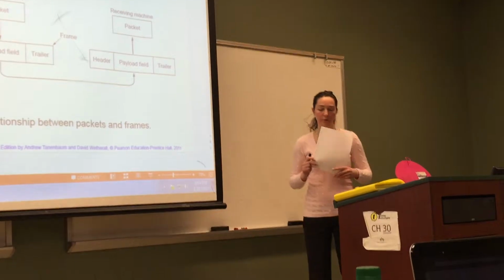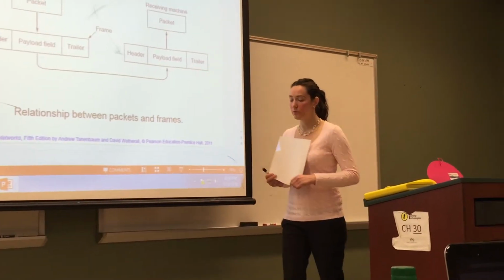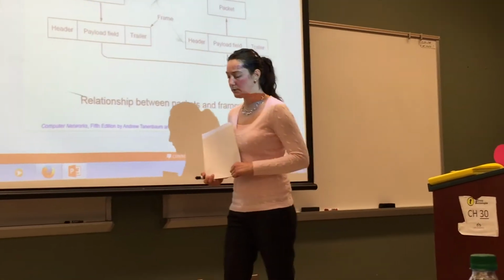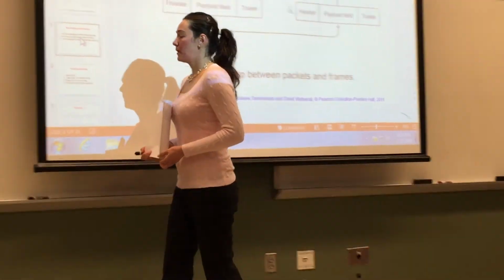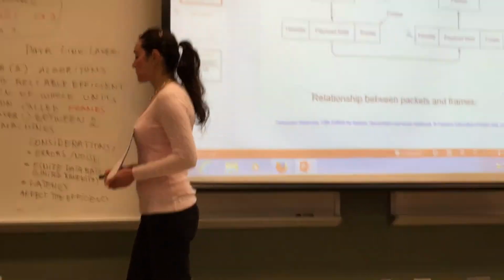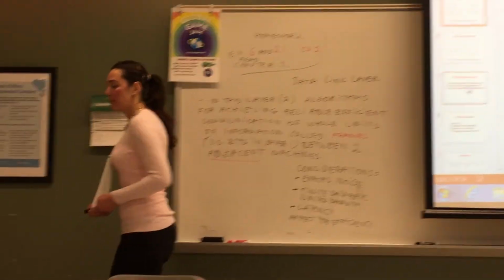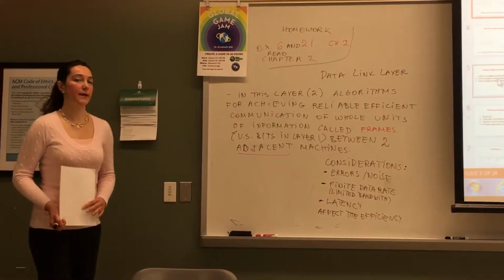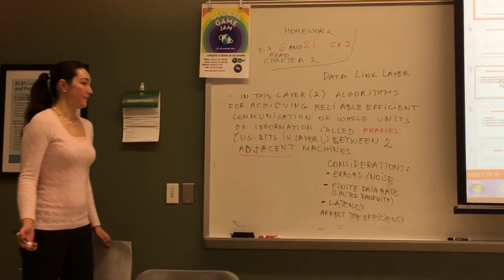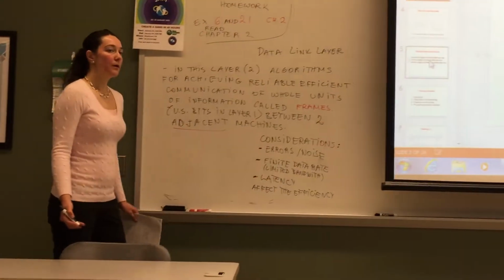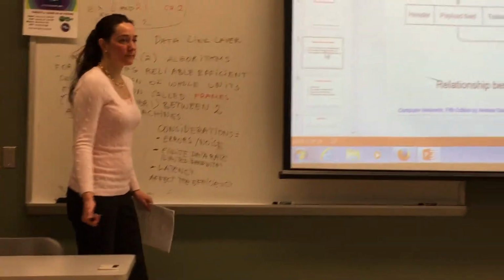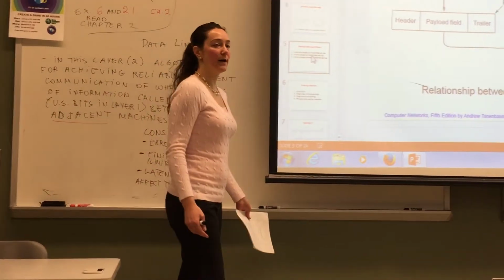Another problem that we will solve is called flow control, which has to do with fast senders swamping slow receivers with data. For example, we have a cell phone. Cell phone is a small device.